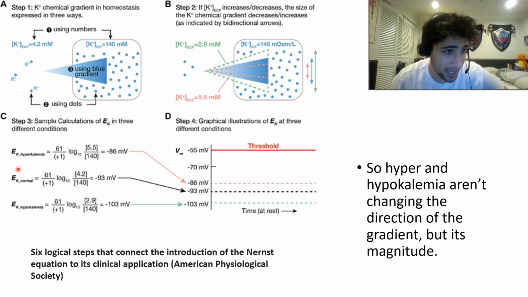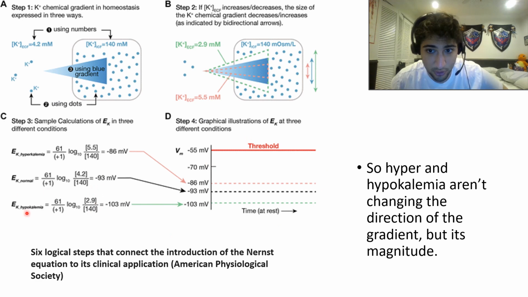And when we do the math, you can see with normally you have 4.2 and then negative 93 here. But as you increase this to 5.5, so as you make the numerator larger and the whole expression inside the logarithm becomes larger, you become a less negative number. And you can see how that relates to the threshold required to fire an action potential. So hyperkalemia makes it easier to reach the threshold, whereas in hypokalemia, the number in the numerator decreases.